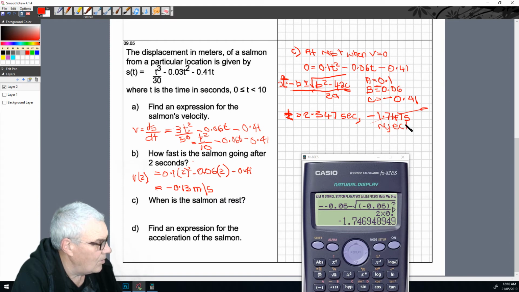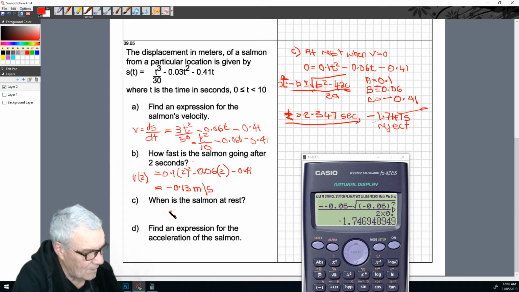So t equals 2.347, that's when the salmon is at rest. When is the salmon at rest? T equals 2.347 seconds. Okay.